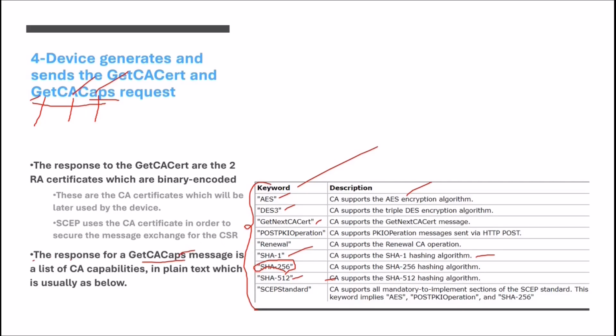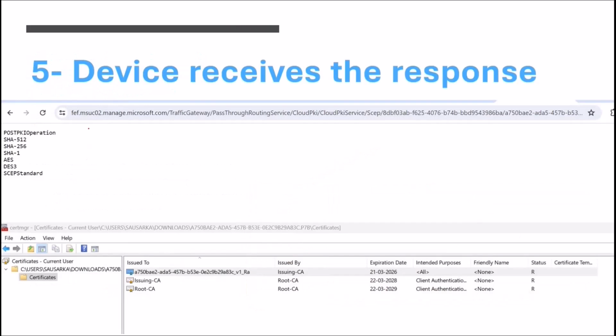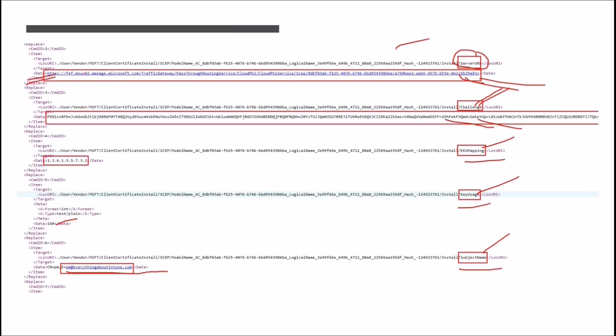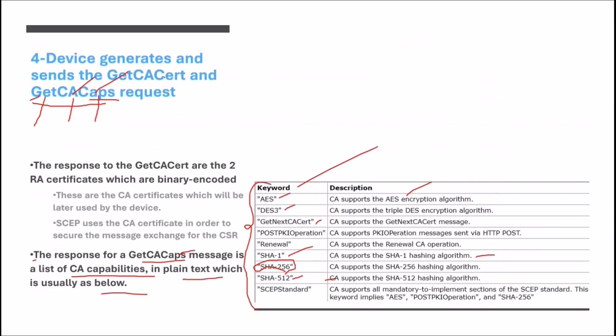The response to the get CA caps is a list of the CA's capabilities in plain text, which is usually as below. If you actually go to this URL that the device received in a browser, you can also find out the capabilities of the Cloud PKI CA.